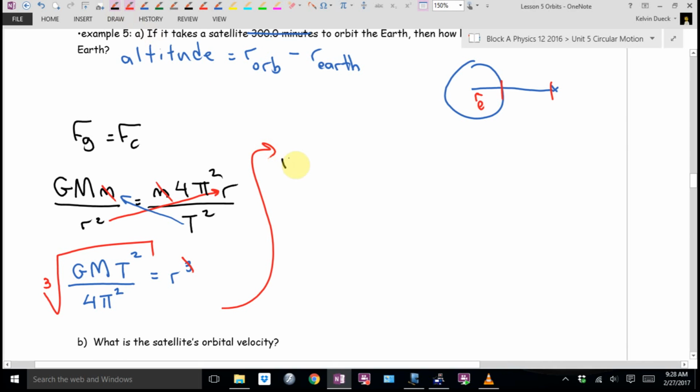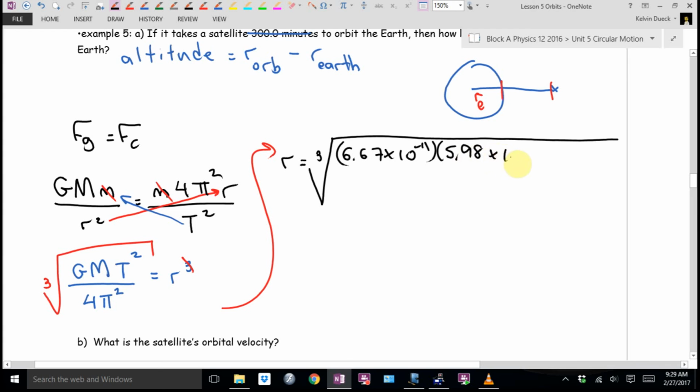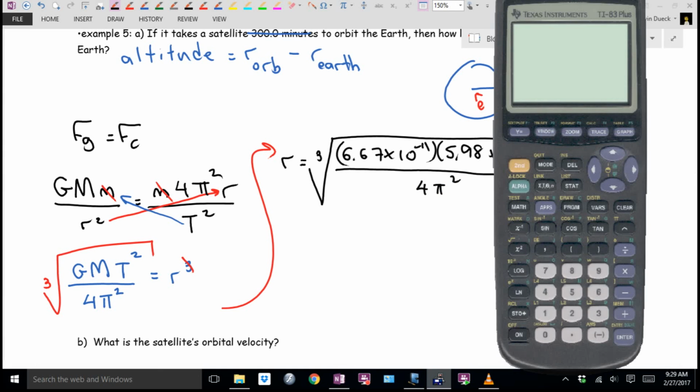It's going to be r equals the cube root of 6.67 times 10 to the negative 11, 5.98 times 10 to the 24th, 18,000 squared, divided by 4 pi squared, and then cube root. On the TI graphing calculators, if you hit the math button, cube root is option number 4. There's where cube root shows up.